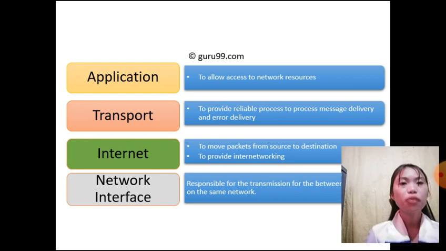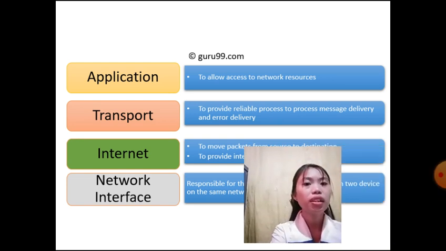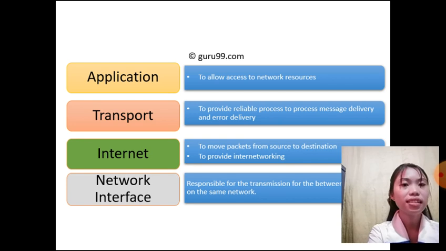Transport, to provide reliable process-to-process message delivery and error recovery. Internet, to move packets from source to destination to provide internetworking. The network interface is responsible for transmission between two devices on the same network.